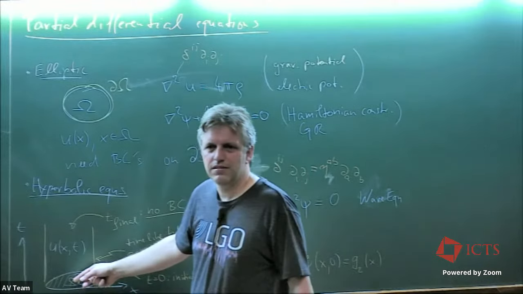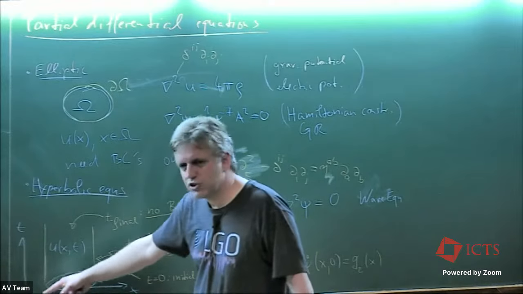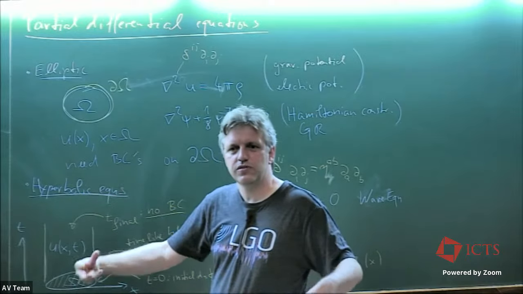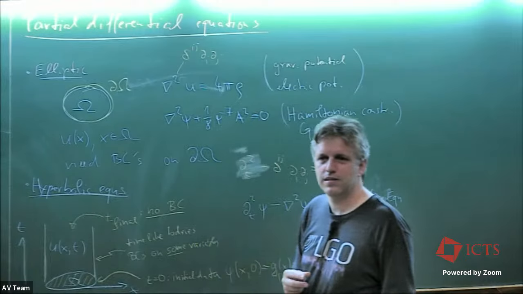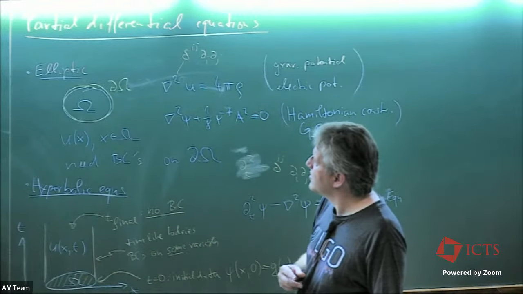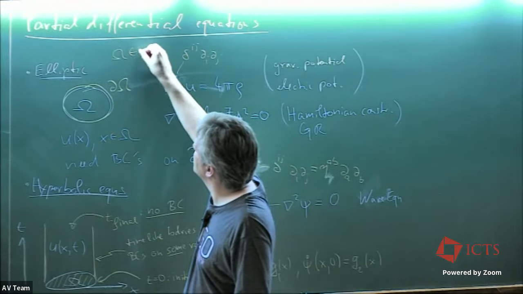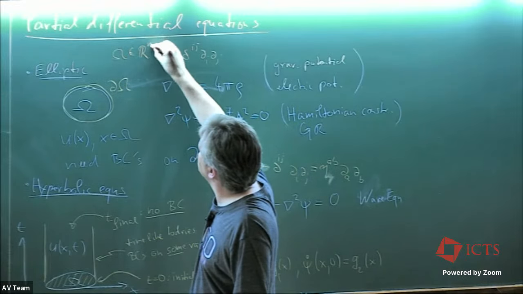This one down here, this is just a symbol for the spatial domain. So omega is the set of x values which are inside the computational domain we are solving for. Same omega as up here. Omega is a subset of Rn.